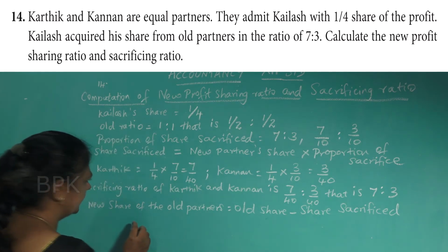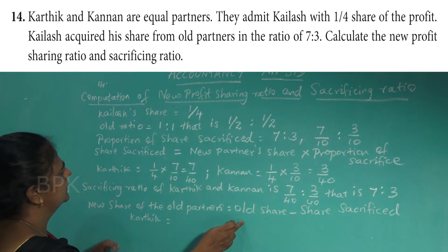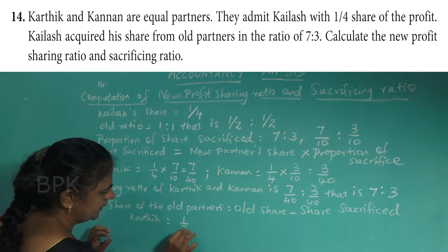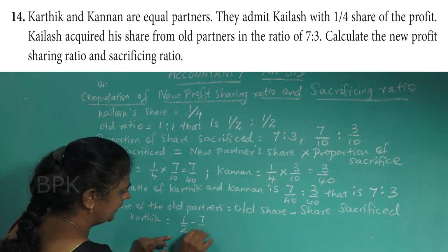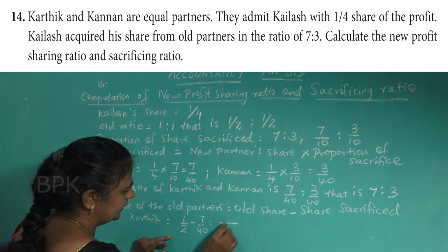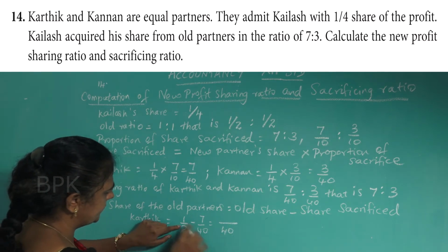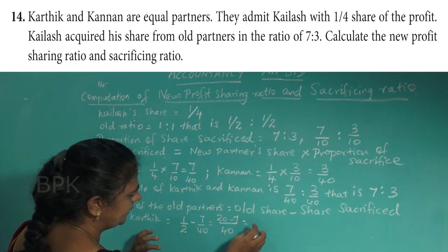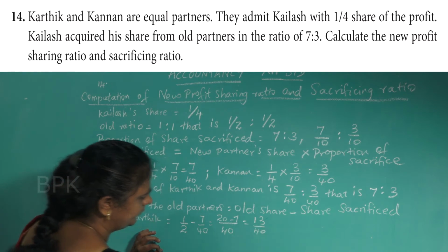So first find for Karthik. What is the old share for Karthik? Karthik's old share is 1 by 2. What is the share sacrificed by Karthik? 7 by 40. So the denominator is 40. 2 how many times? 20. So we multiply by 20. So 20 minus 7 will give you 13 by 40.